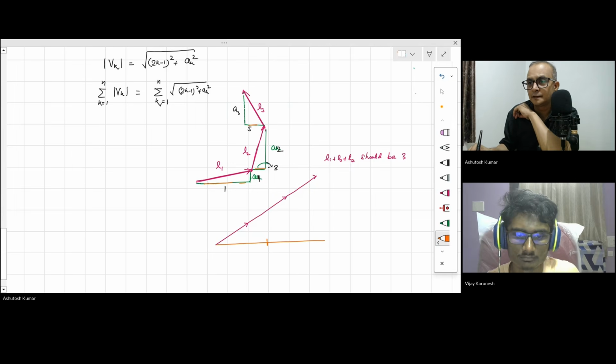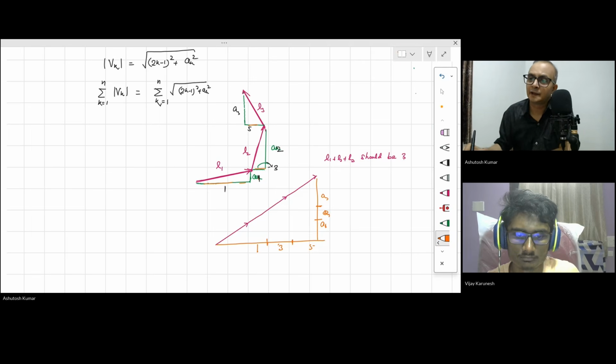So this will become 1 here, then 3, here 5. And all the vertical distances will be collected together: A1, A2, A3, correct? Yes, sir.